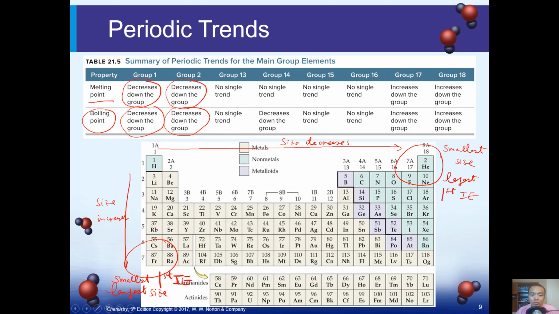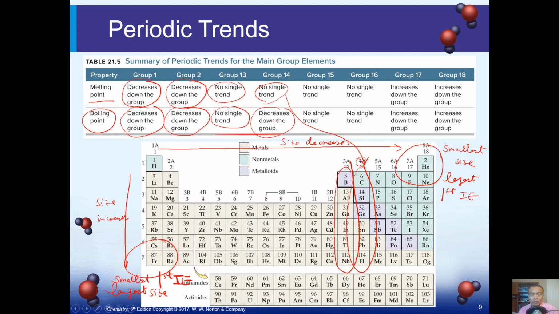For group 13, or group 3A, as you can see, there is no single trend that can be observed for either the melting point or boiling point. For group 14, or so-called group 4A, there is no single trend for the melting point. However, the boiling point does decrease as you go down the group.